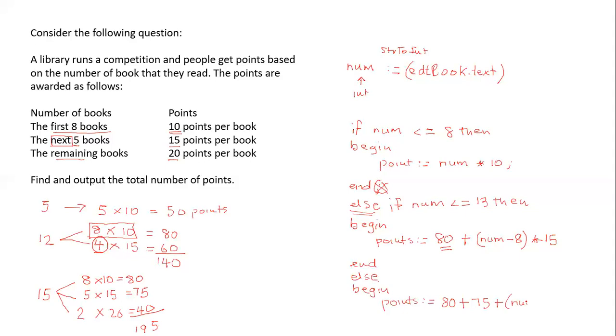The remainder is the total number of books minus the first 8 minus the next 5. And 8 and 5 is 13. So I'm just going to say minus 13. And that figure must be multiplied at 20 points. So this is how you would go about checking each of the cases in terms of working out the number of points. Hope this helps.